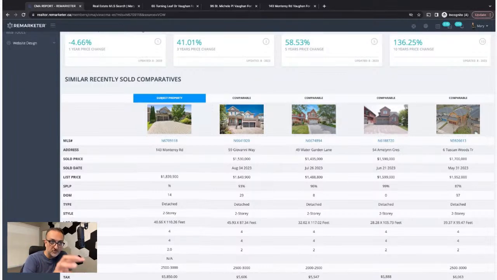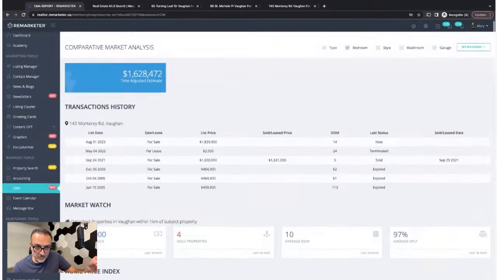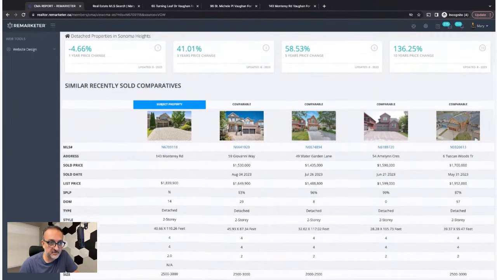So it's good for you to start off with your instant CMA right here. Now we have the story, and if you know how to read through the information that's available here, you can have a nice story to tell your clients as well.